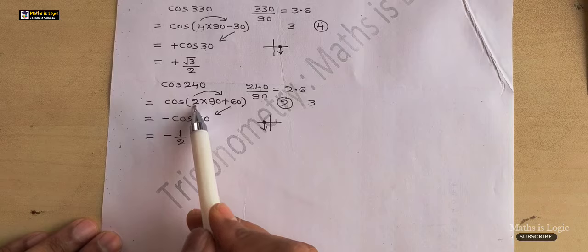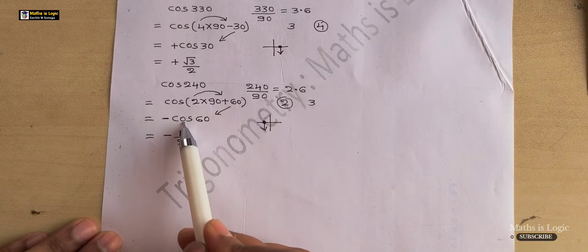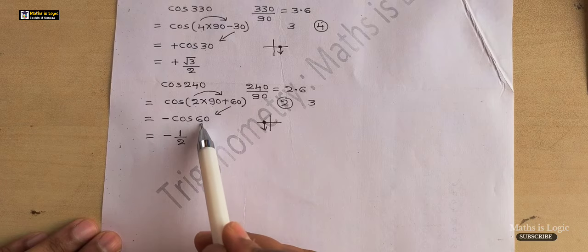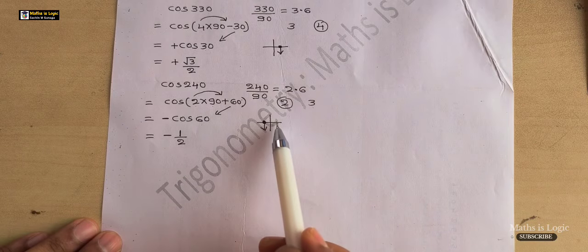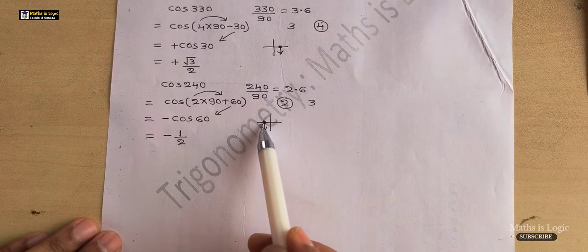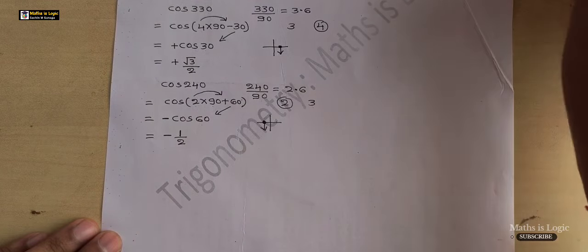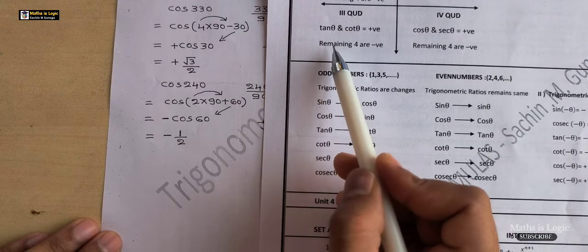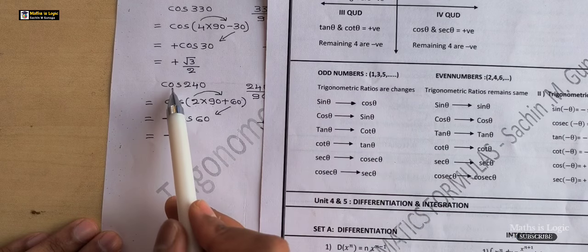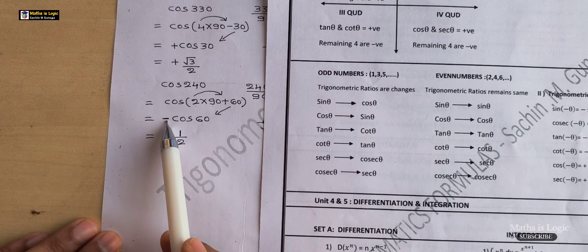Next because of even number, cos remains cos, at the end 60 degree is there, keep that 60 degree as it is. Next rotate 2 plus 0, 1, 2, plus means third quadrant. Remember in the third quadrant tan and cot are positive, remaining 4 are negative, remaining means cos comes, therefore cos is negative in the third quadrant.